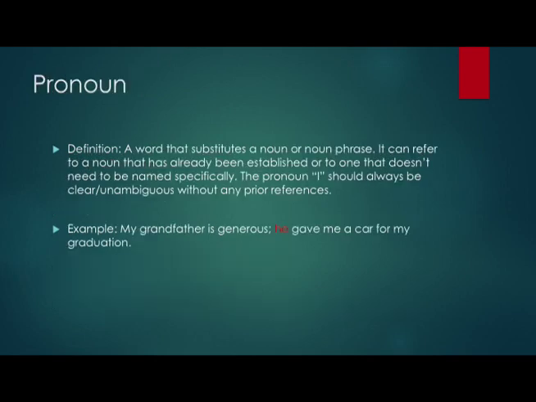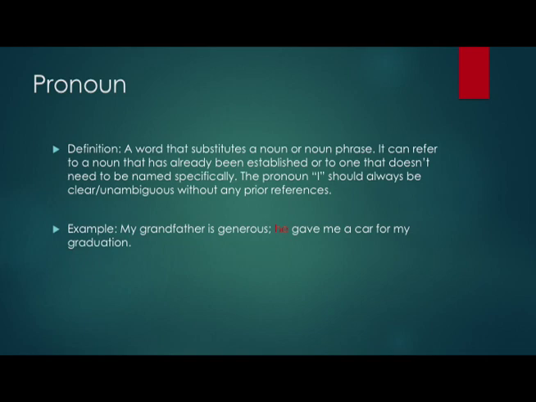We will talk in one of the later grammar videos about pronouns and their antecedents and ambiguous pronouns. So it's important to understand what pronouns are. Pronoun, which is sort of Latin for "in lieu of a name," is a word that substitutes a noun or a noun phrase. It can refer to a noun that has already been established or to one that doesn't need to be named specifically.